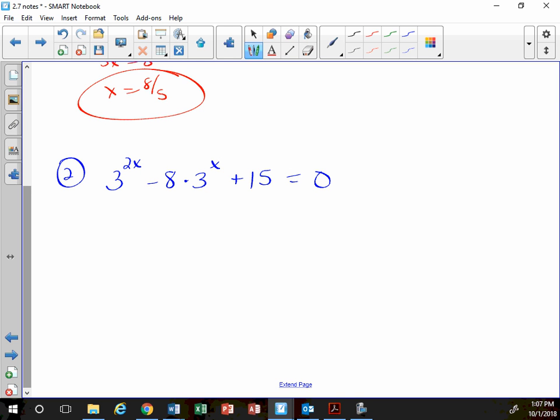I would do a U substitution on this. So that's what u equals.